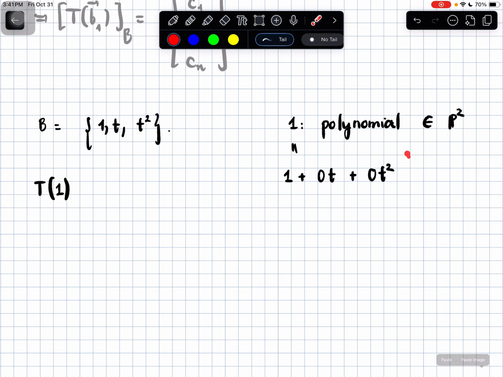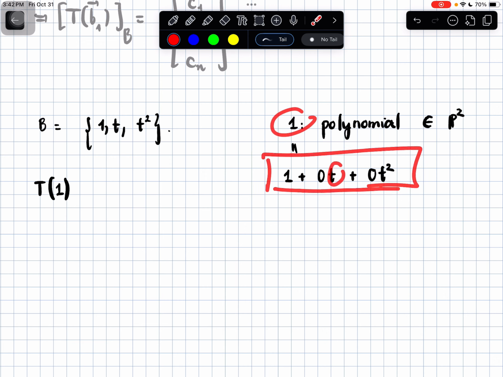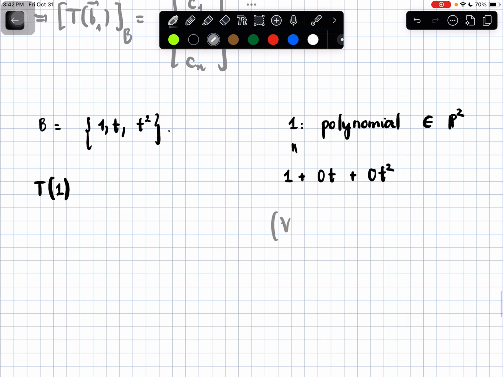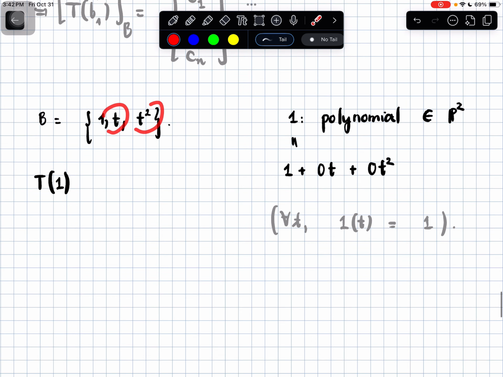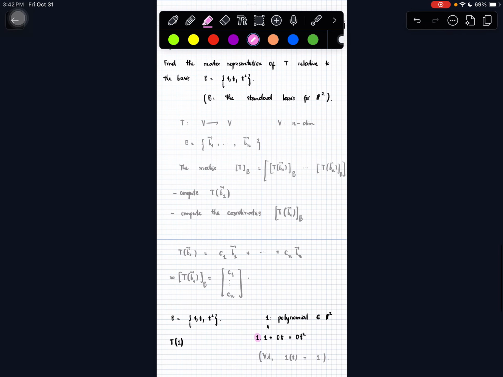It sends any t to 1. For any value of t, this only gives us a value of 1. Same for t and t squared. So in our case, a0 is 1.